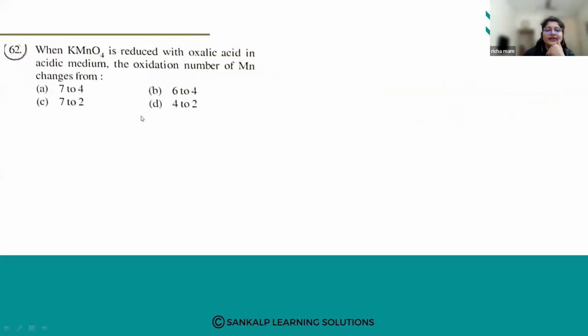When KMnO4 is reduced with oxalic acid in acidic medium, the oxidation number of Mn changes from what? KMnO4 is your potassium permanganate. When it reacts with oxalic acid in acidic medium, what is the oxidation state of Mn?